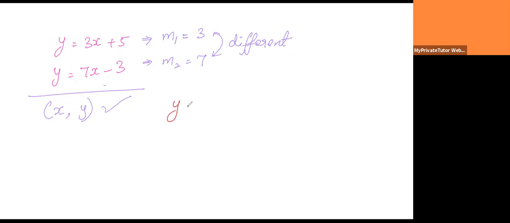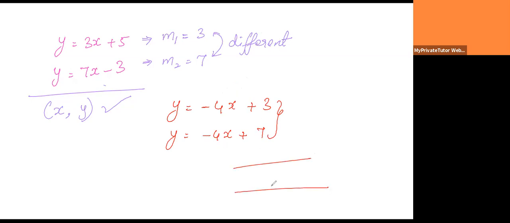For example, what if the slopes are the same? In this case, the slope of the first line is -4. The slope of the second line is also -4, which means these two are parallel lines, which means they never intersect.